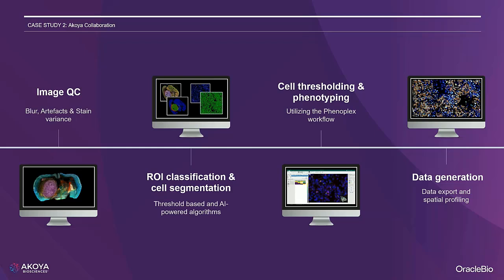OracleBio also performed a visual QC of the images, where we assessed the marker staining channel by channel using the color adjustment menu within Visiopharm to easily visualize the stain quality and identify any staining artifacts that might have hindered downstream analysis and phenotyping. Any markers flagged at this point were excluded from analysis, and any major artifacts were manually removed. I'll cover the remaining steps in the following slides, where I'll go into more detail on how areas of interest were identified and how cells were accurately detected and quantified.